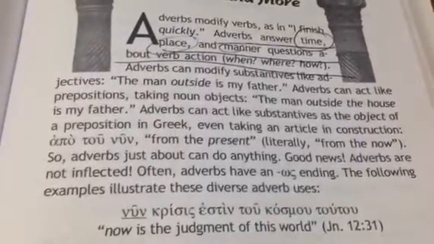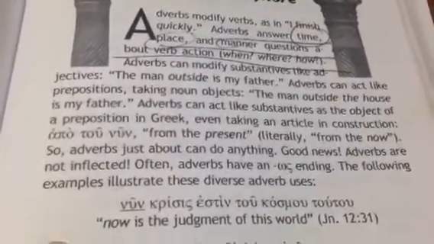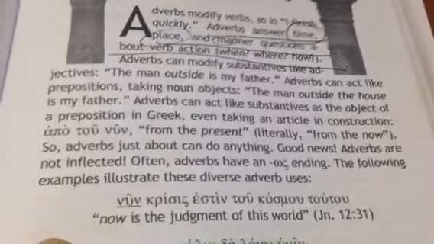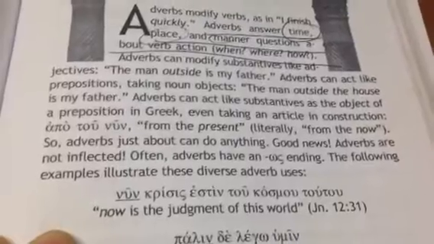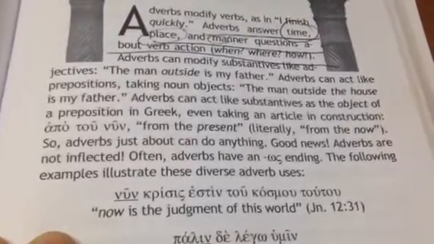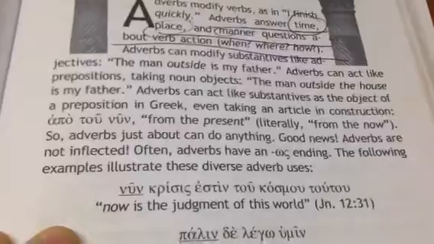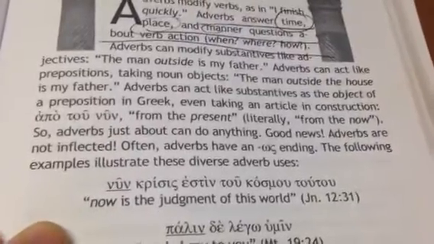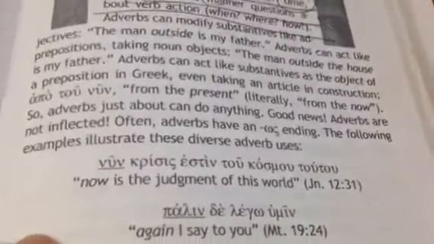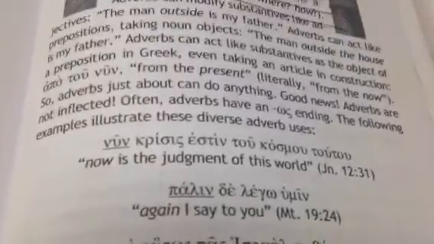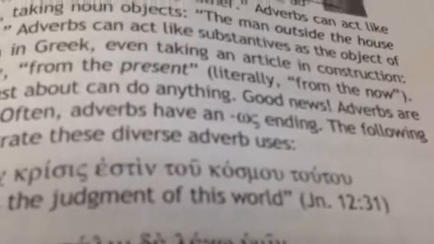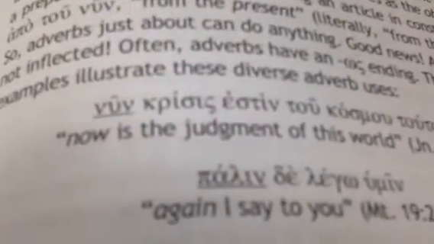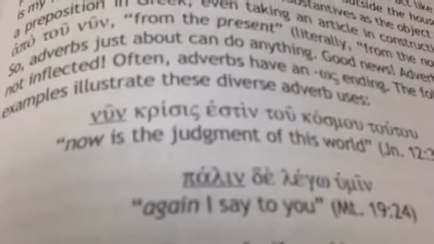Stevens here points out that we don't have to worry about memorizing more because they're not inflected. You can pretty much recognize them if they're not the kind of workhorse type of words, then you recognize them by their omega final sigma ending. Stevens kind of does a funny thing after he says, well, they end with omega final sigma ending. Then the next couple of examples are the ones that do not end like that.